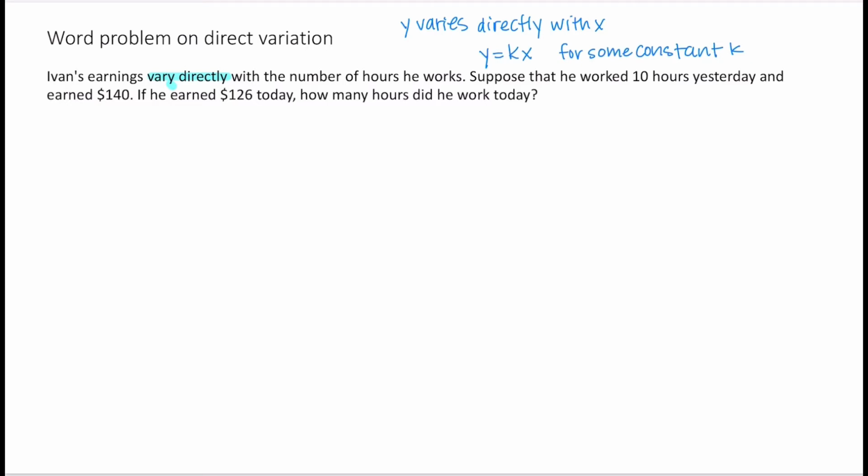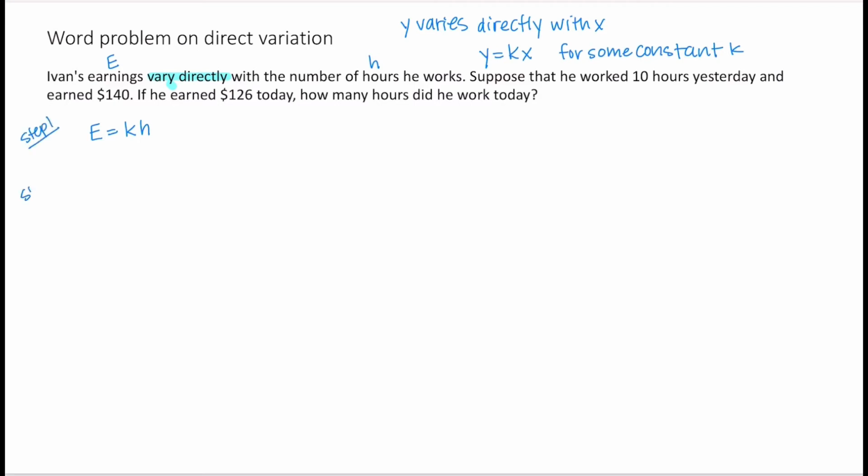Let's let E stand for his earnings, and number of hours we'll use a little h. So that means that his earnings vary directly, which means they can be some constant k times the number of hours he works. Okay, so our step one was to write that equation.